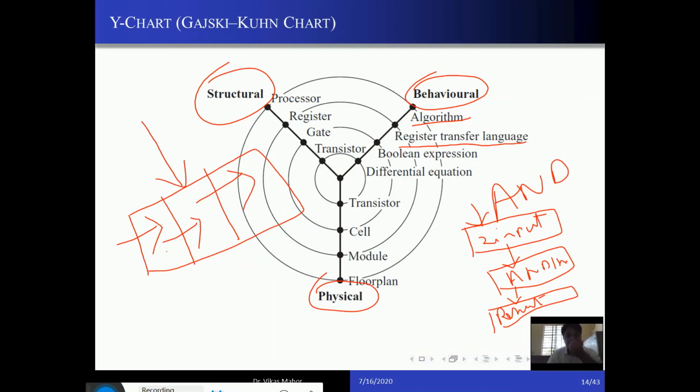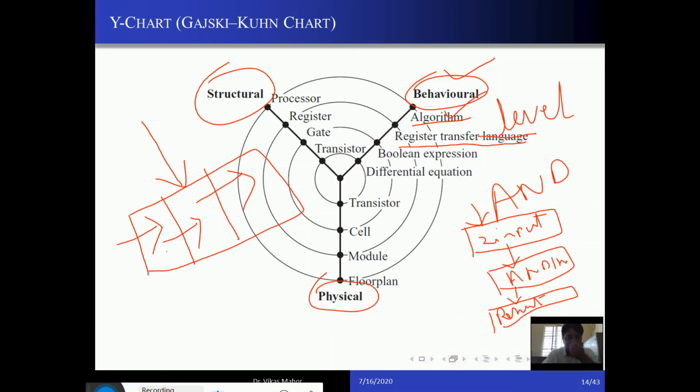That is register transfer language, or register transfer level. You need not worry about it, because this won't be asked anywhere. But you should know how you can explain your IC in the behavioral domain.